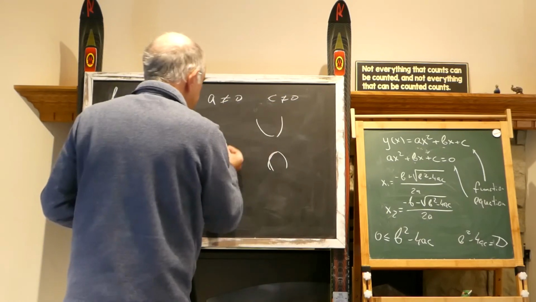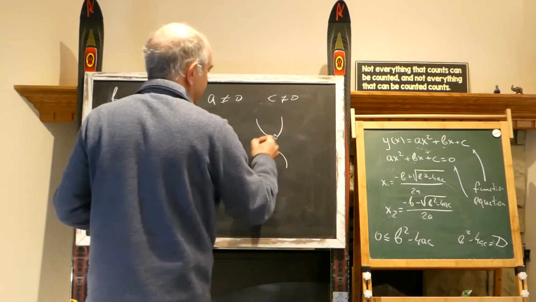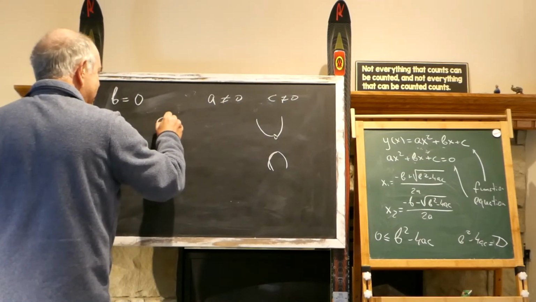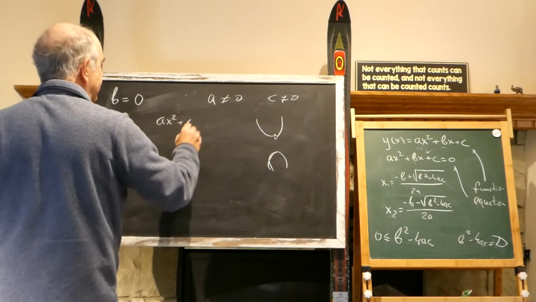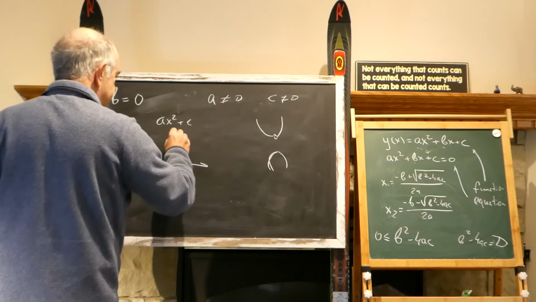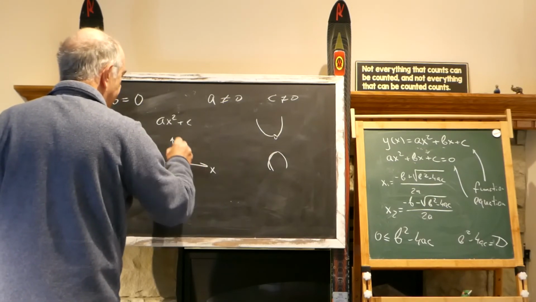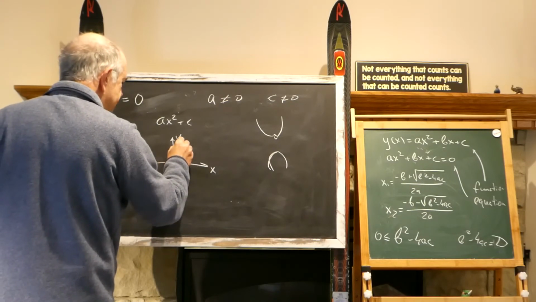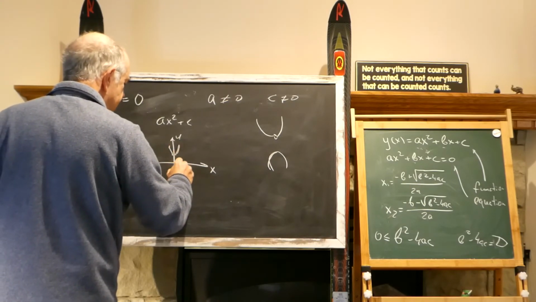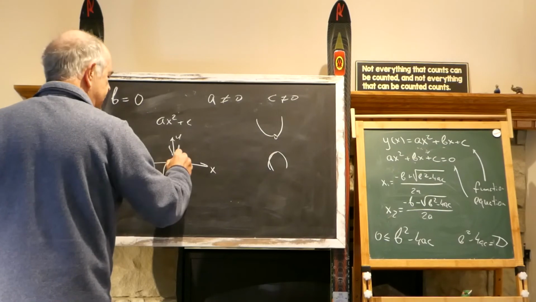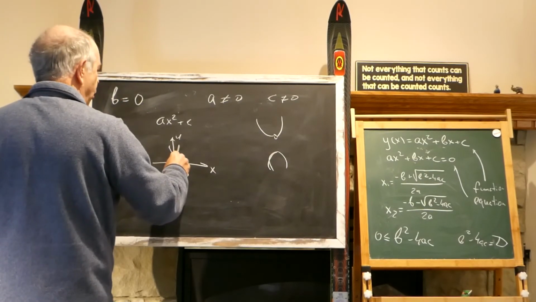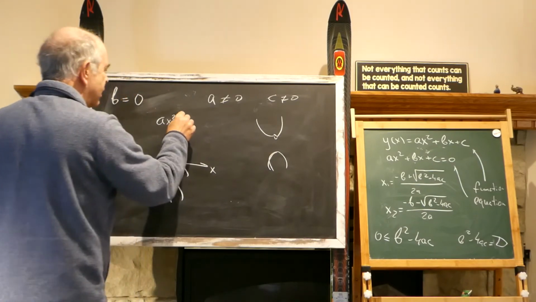And c determines how high the apex is located. And if it is ax squared plus c, the apex is always, as we pointed out, when x equals 0. So the apex here. So it's always symmetrical. This, or it may be this, or it may be that, or it may be this.